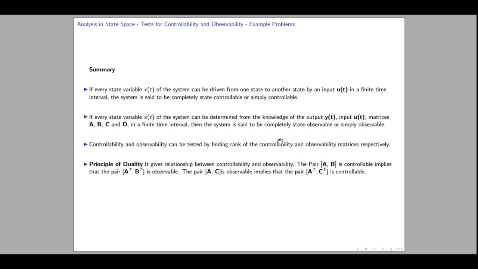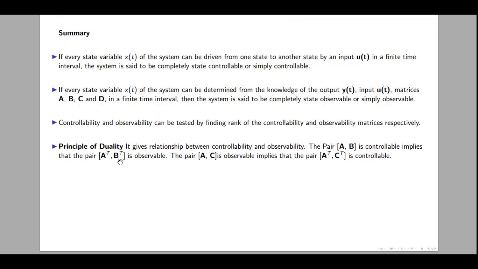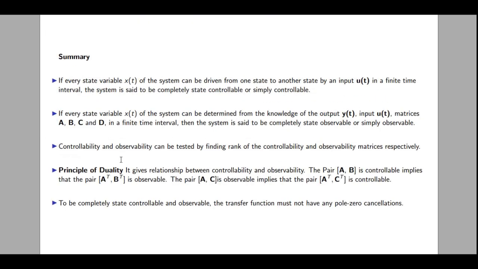That is the test for controllability and observability. And we also understood the principle of duality, but it has to be exercised with caution. That is, there should not be any pole zero cancellation in the transfer function. So this is how we complete this lecture.